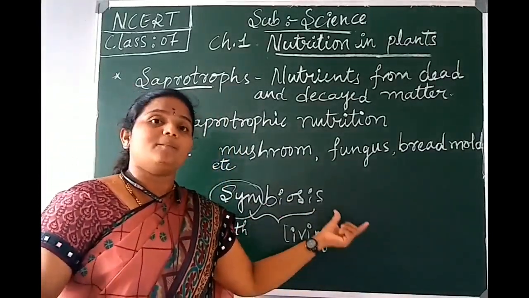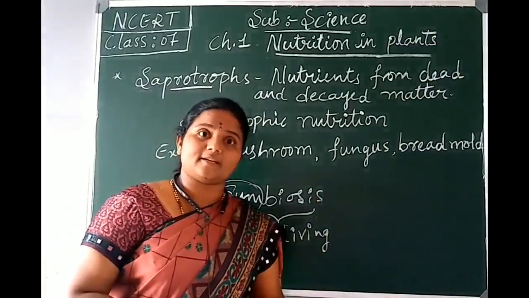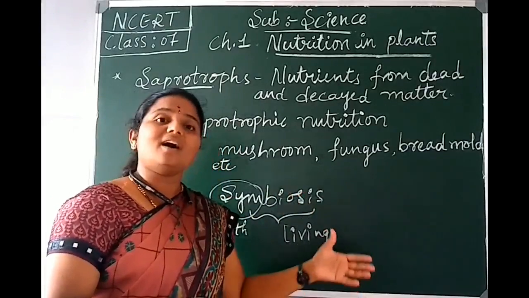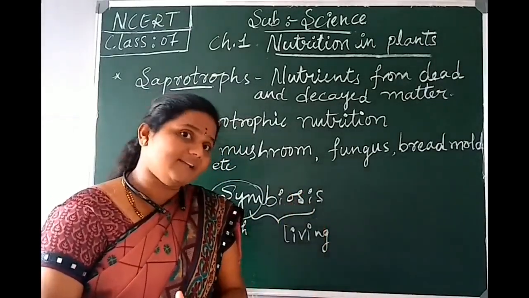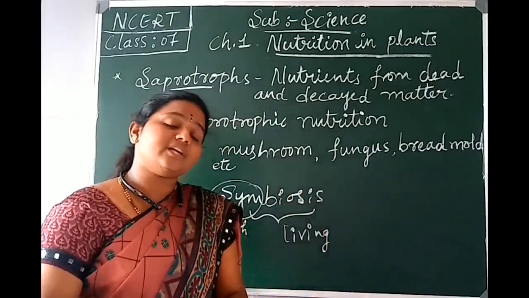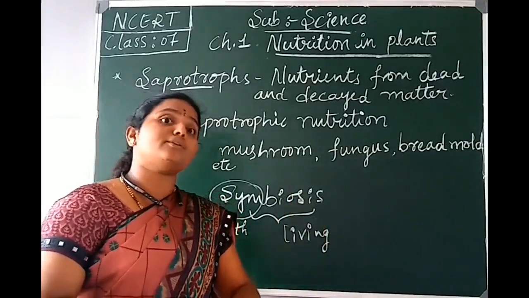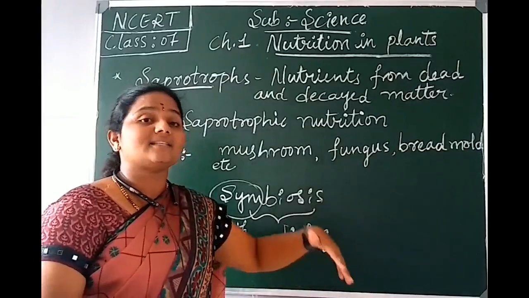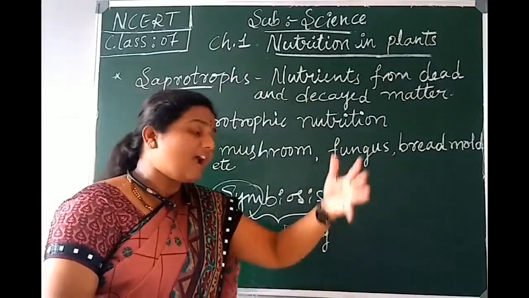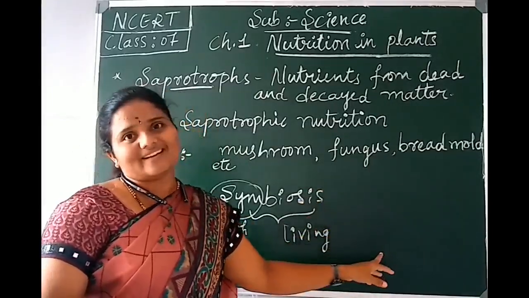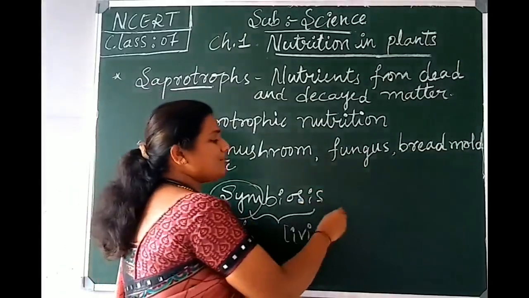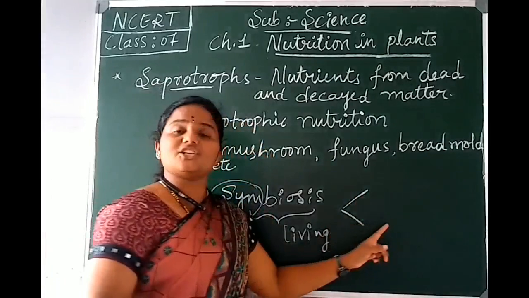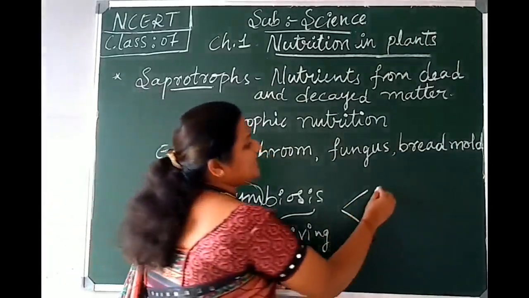For example, in plants, fungus grows along with the plant. Here, the fungus provides necessary nutrients, minerals and water to the plant body, and in return, the food synthesized by the plant is used by the fungus. Symbiosis means they share both shelter and nutrients.